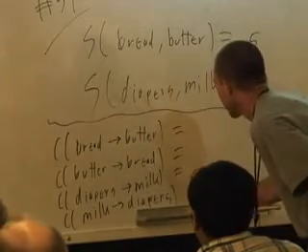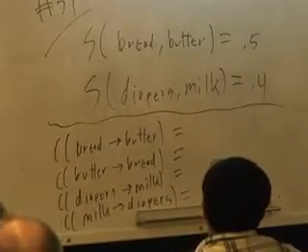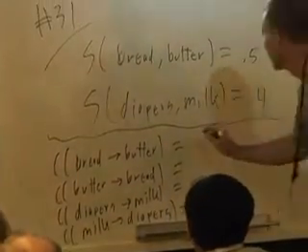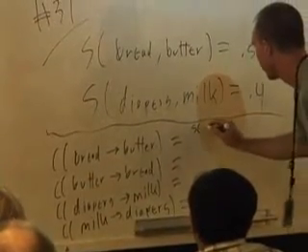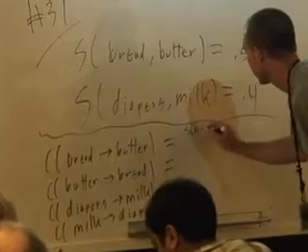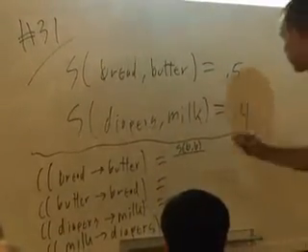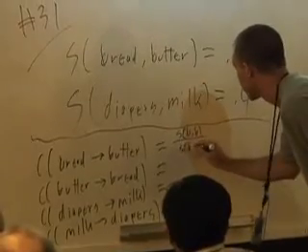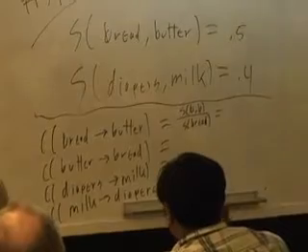Okay, so let's see. Bread implies butter. The top, I should have the support for if I bought both of them together. So let's just say bread and butter. And on the bottom, I know I bought bread, so the support for bread should be on the bottom. And if you look at this, it turns out they're both 5 out of 10.